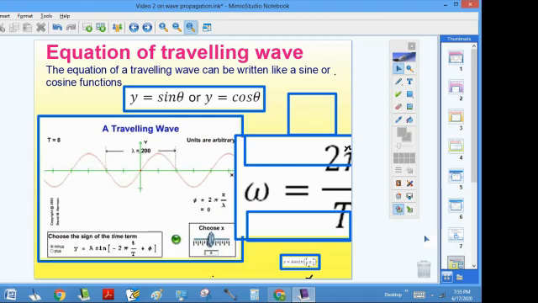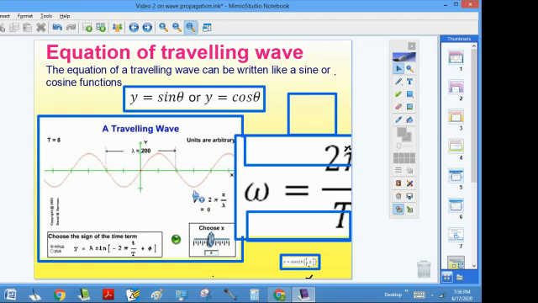And that is given rise from what? From this graph. I told you initially that this graph describes a sinusoidal graph. So that is how the wave equation is normally described. We use a sine function or cosine function to represent the wave equation.